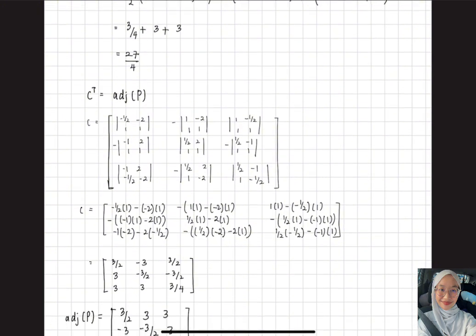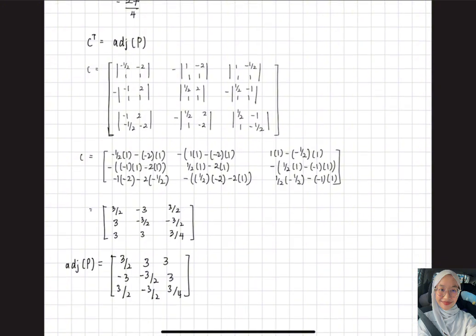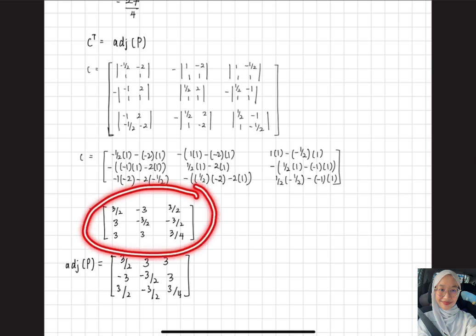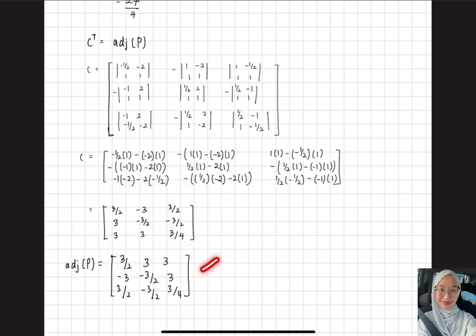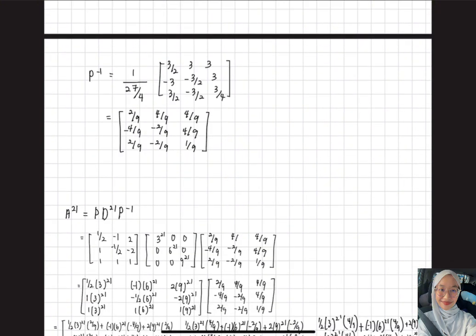And then we find the adjoint of P. We know that the transpose of the cofactor matrix equals the adjoint of P. So we find the cofactor of the matrix first, and we get this, and we transpose this, so we can get the adjoint of P. And then we substitute into the formula of P inverse and get the P inverse, which equals this.